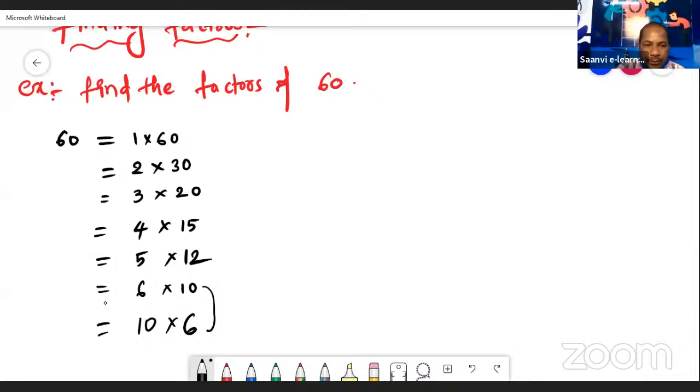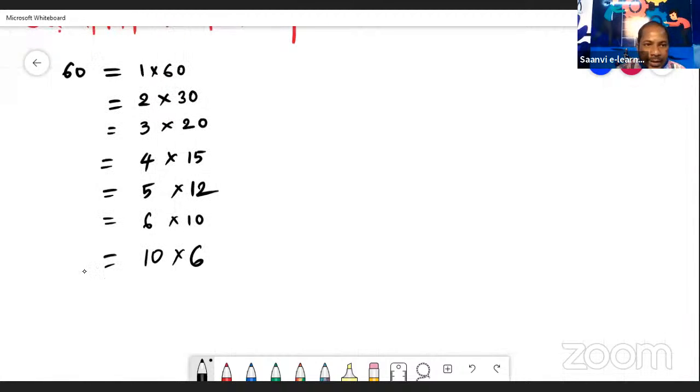Surely somewhere we get the reverse product like this. Here we got the reverse product, 6 into 10 and 10 into 6. So when we get the reverse product, we have to stop the factorization.